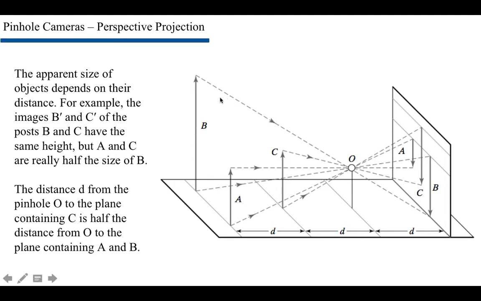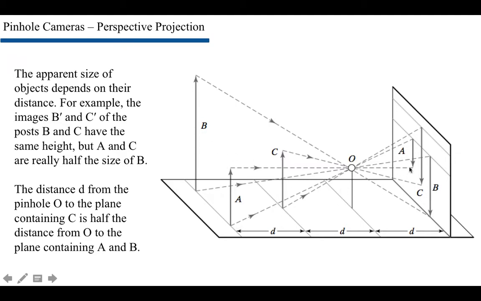First of all, the apparent size of an object depends on its distance to the pinhole, to the origin, what we call O. For example, in this illustration, the images B prime and C prime have the same height, but A and C are really half the size of B. For example, the distance D from the pinhole O to the plane containing C, here, is half the distance to the plane containing A and B.